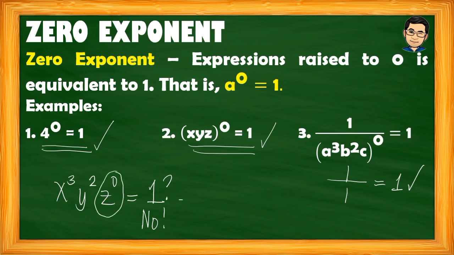So, our final answer should not be equal to 1, but x cubed y squared. Kasi po, again, yung variable z lang ang naka-raise sa 0, hindi yung buong polynomial. Kung sanang ganito siya ang pagkasulat, x cubed, y squared, z, and then raised to 0, that is equal to 1.